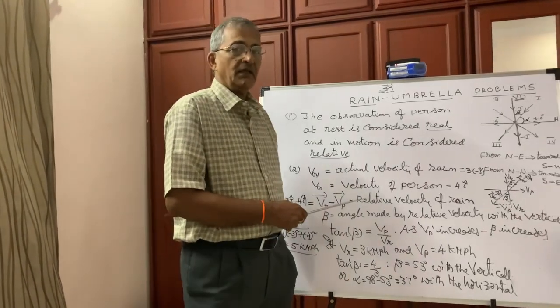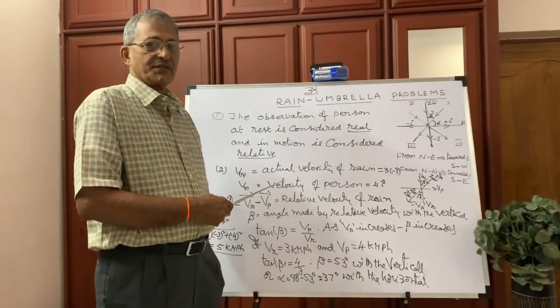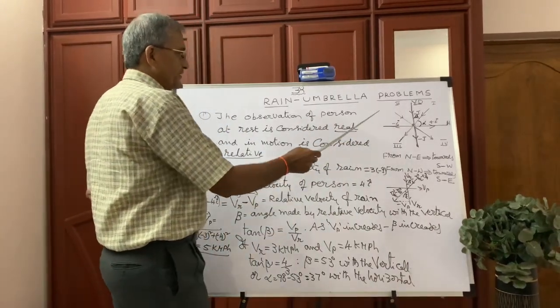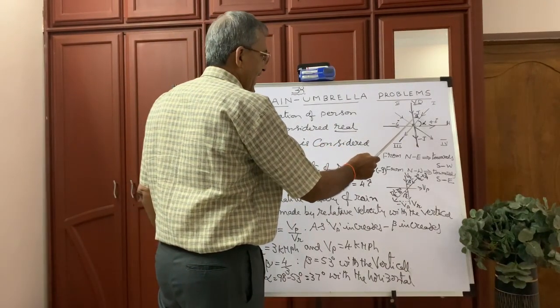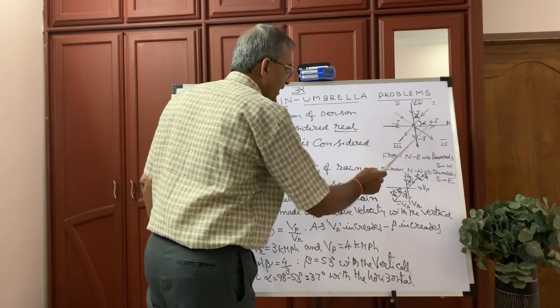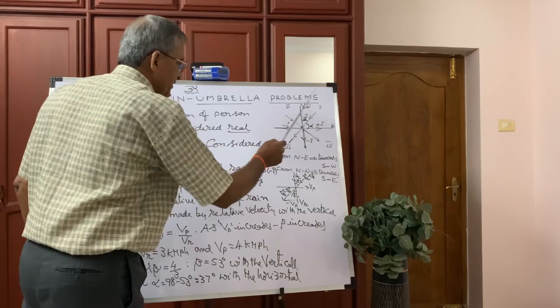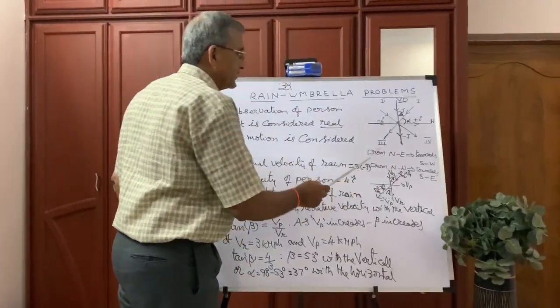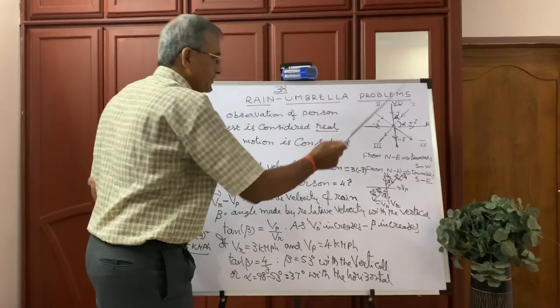This is about the magnitude of relative velocity. And the direction of relative velocity is given by an angle beta with the vertical, against the direction of motion of the person. That means he has to hold the umbrella like this.